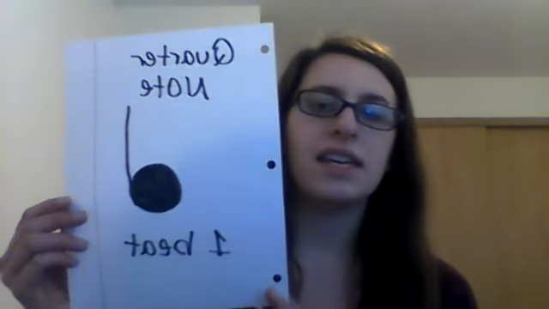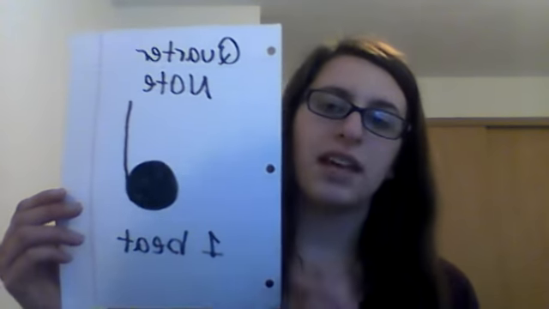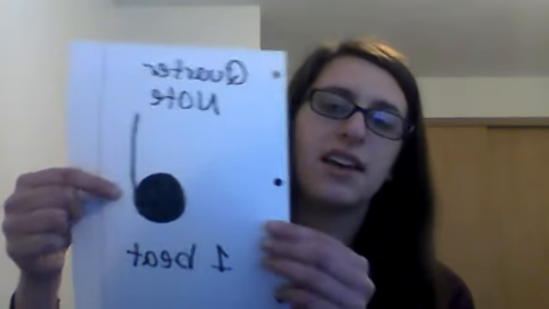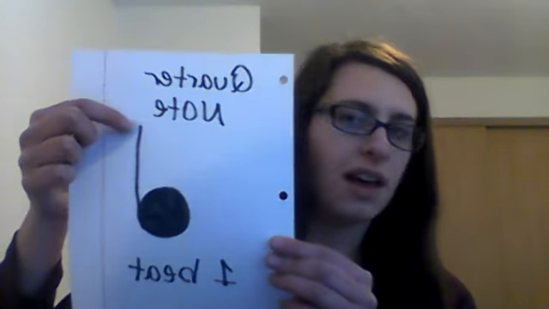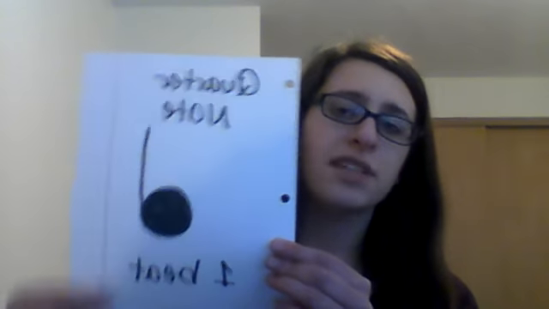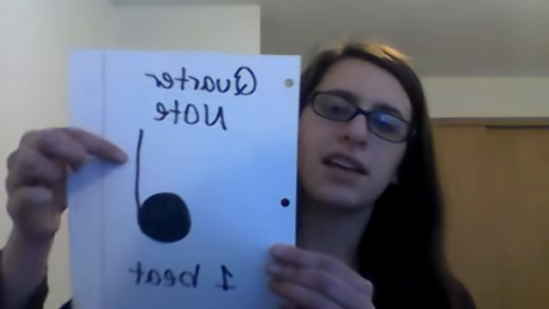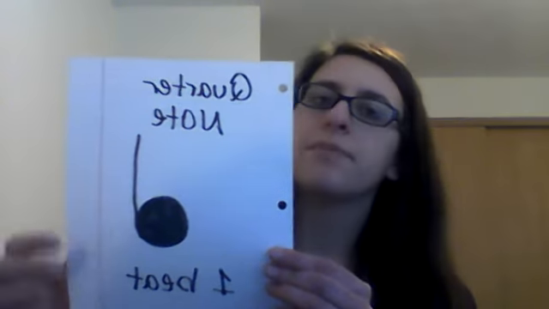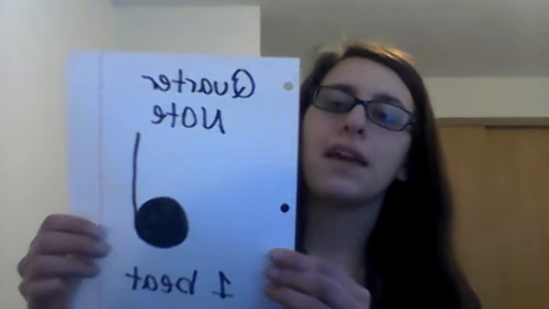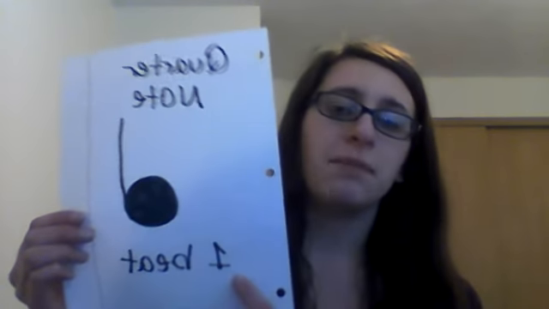And we're going to learn about some notes. The first note I am going to show you is the quarter note. It looks like this. This stem part can either be up like I've drawn it, or it can go down as well, but as long as it's colored in and it's got a nice line up or down, this is your quarter note, and it means that there is one beat for this note.